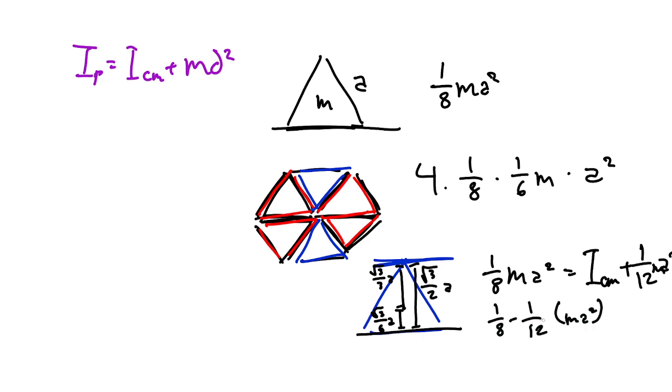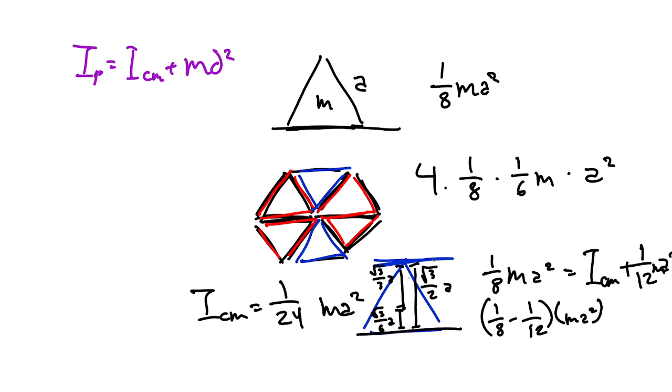Oh, shoot, I did this wrong. Given that, we know that this is going to be 3 over 24 minus 2 over 24, which gives us 1 over 24, right? And so the moment of inertia about the center of mass is going to be 1 over 24 ma squared.